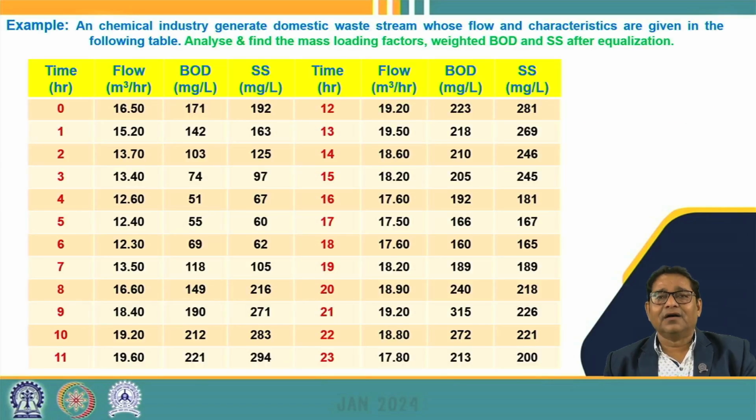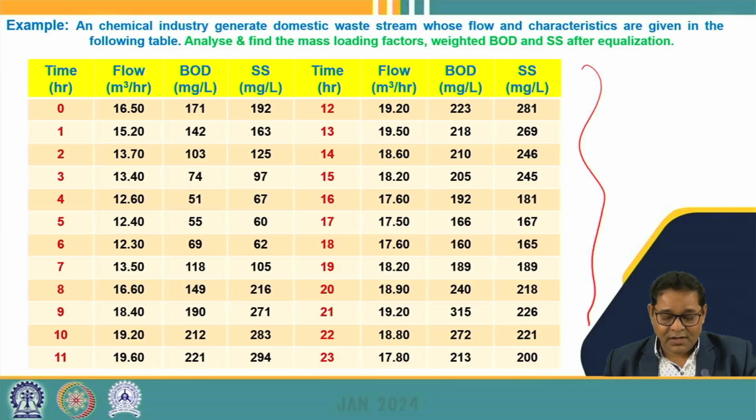This is a numerical we have taken to describe how the equalization tank impacts the concentration and mass loading rates after equalization. In this numerical, a chemical industry generates domestic wastewater whose flow and characteristics are given in this table.